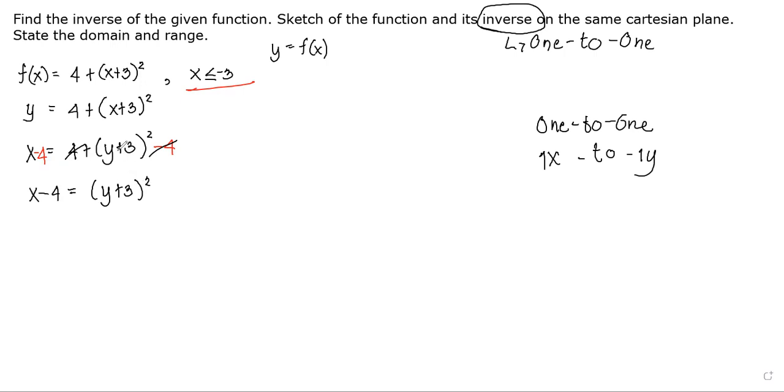Now, ang gagawin natin dyan ay expand natin to kasi need natin i-solve si y eh. Ang gagawin natin dyan, x minus 4 equals, pag in-square natin to, this is in the form of a plus b quantity squared, diba?